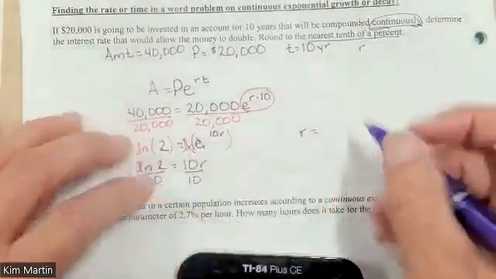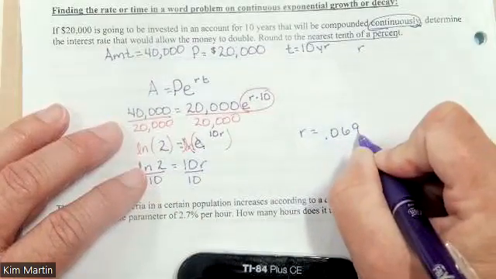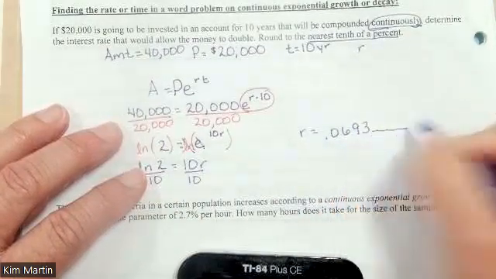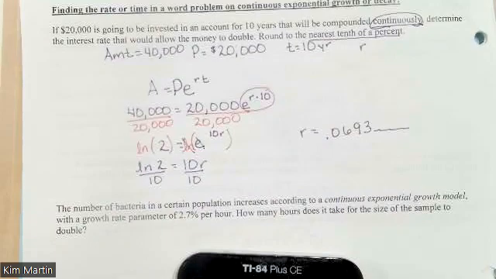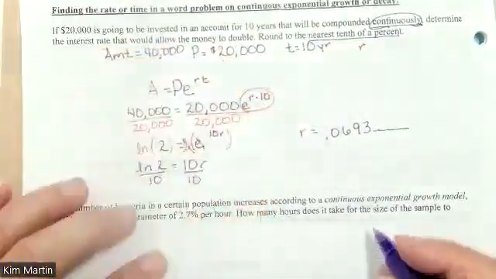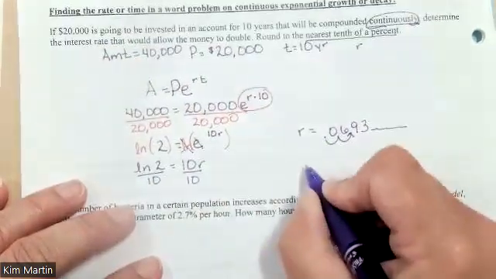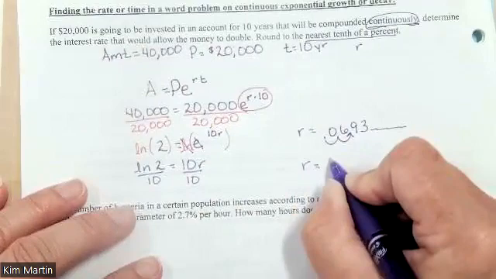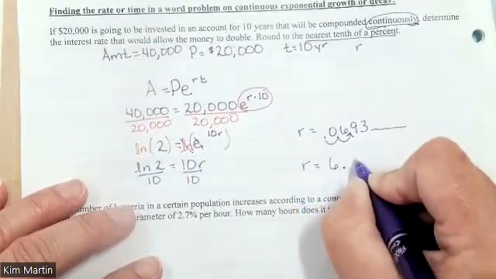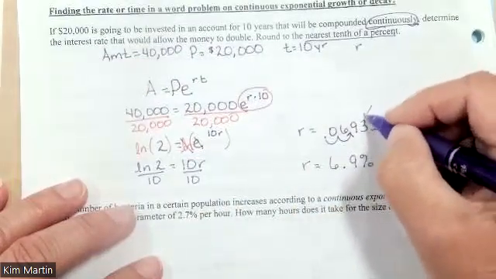And we get 0.0693, and so on, right? We're finding a percent. And it says round to the nearest 10th of a percent. That means you've got to multiply by 100, which moves that decimal 2 places to the right. So you get 6.9%, because that number there is a 3.